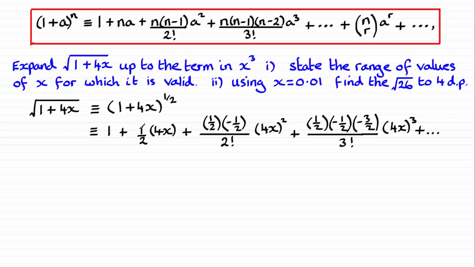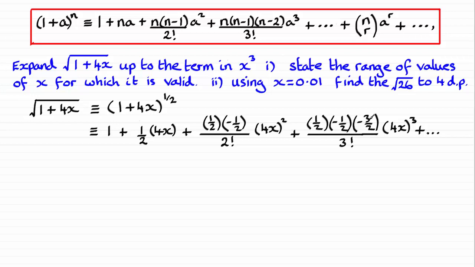1 plus n, being a half, times the a value, 4x, plus n, which is a half, take away 1, so that's going to be minus a half, over 2 factorial, and then it's the a value, 4x, all squared. Then we do a half times minus a half, and we take 1 away from minus a half.